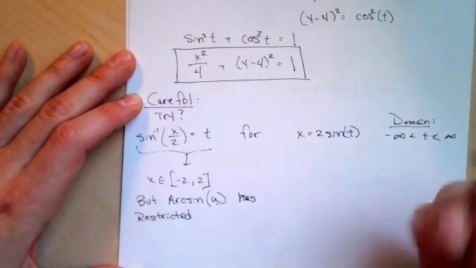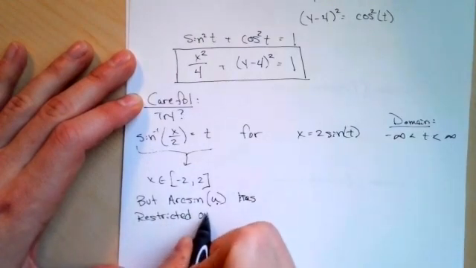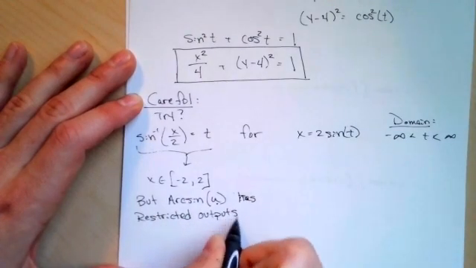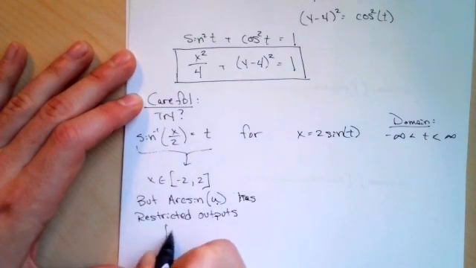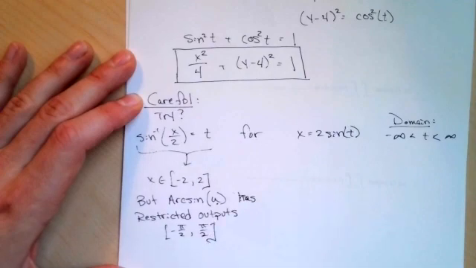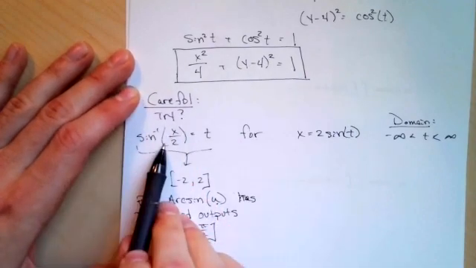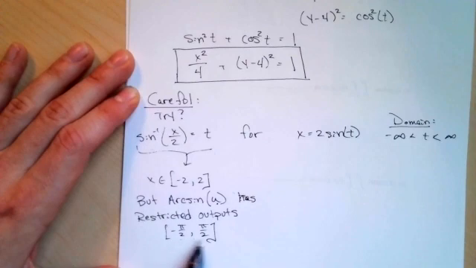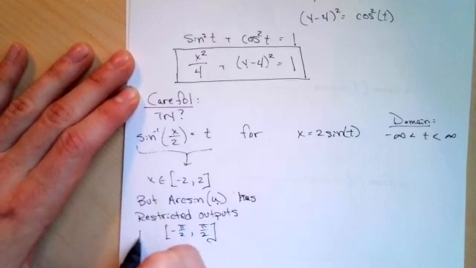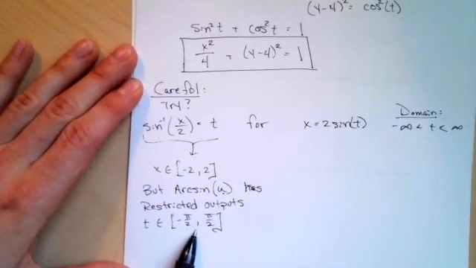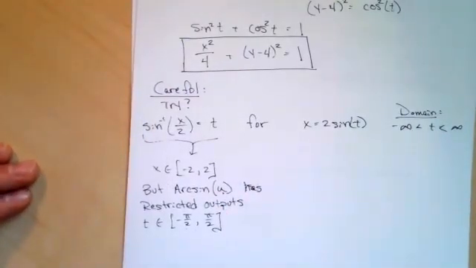The problem is the outputs are going to go from minus pi over 2 to pi over 2. In other words, the output of arcsine would be minus pi over 2 to pi over 2. And so that's going to restrict our t values in that case.